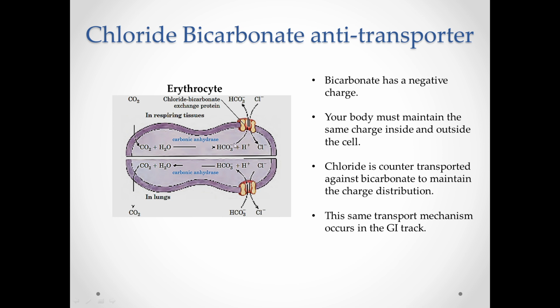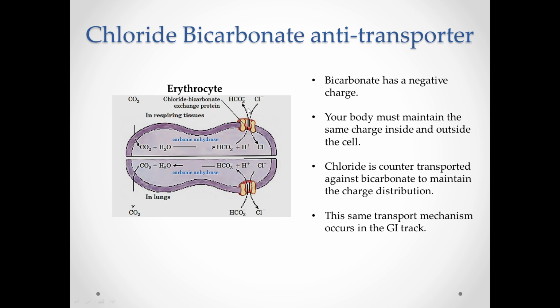Because bicarb takes a negative charge with it when transported across a membrane, a negative charge has to be transported back across the membrane to maintain the charge distribution across the cell. In other words, the same amount of negative ions outside the cell as inside the cell.